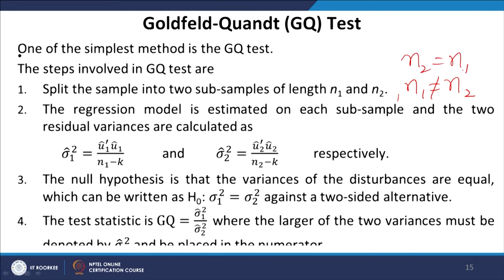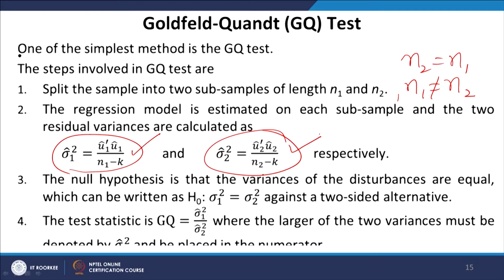The regression model is estimated on each subsample and the two residual variances are calculated as sigma 1 square and sigma 2 square. So, you can see that sigma 1 square is u1 hat prime u1 divided by n1 minus k, similarly u2 hat prime u2 divided by n2 minus k respectively.